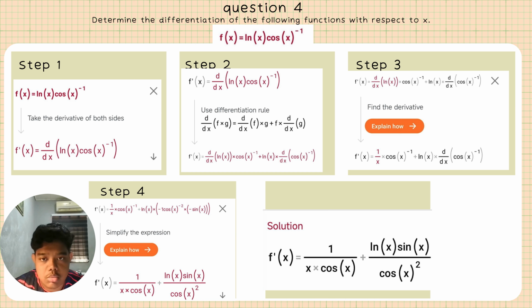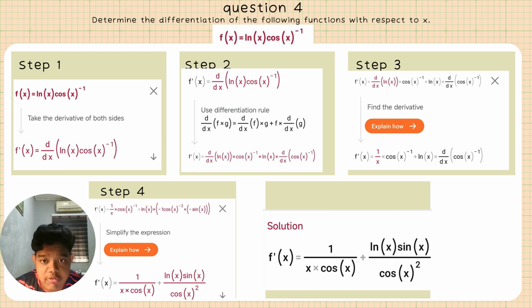So we will use d per dx, bracket of f multiple by g equal to d per dx, bracket of f multiple by g plus f multiple by d per dx, bracket of g.